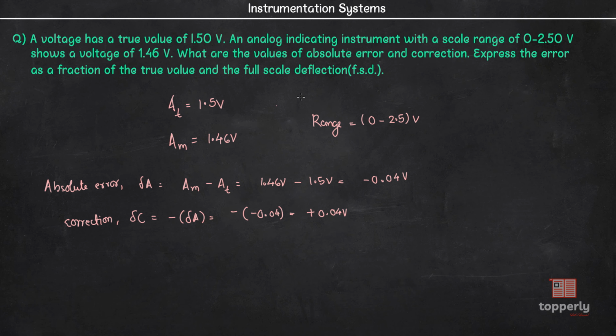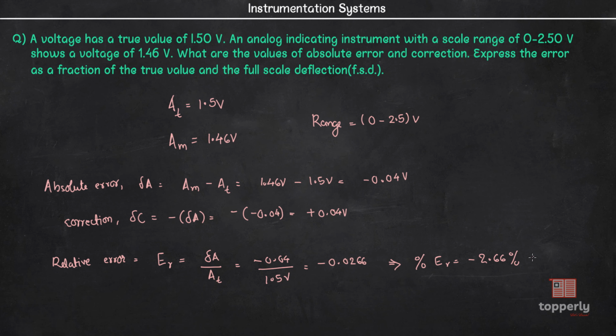Now the next part of the question is, express the error as a fraction of true value and the full scale deflection. So we are asked to find the relative error. Relative error ER is equal to δA by AT, which is minus 0.04 by true value, which is 1.5 volt, which is minus 0.0266, or this can be expressed as a percentage: percentage ER is equal to minus 2.66%.